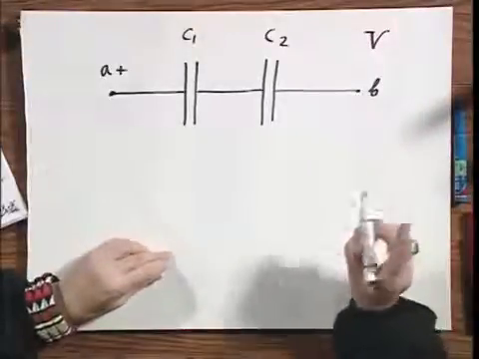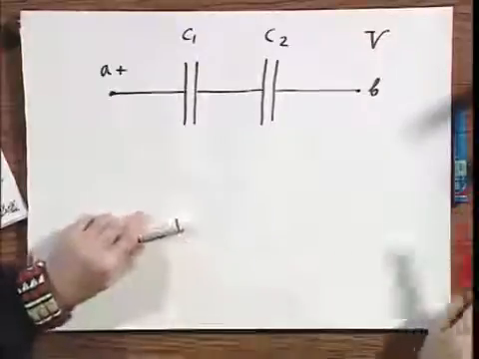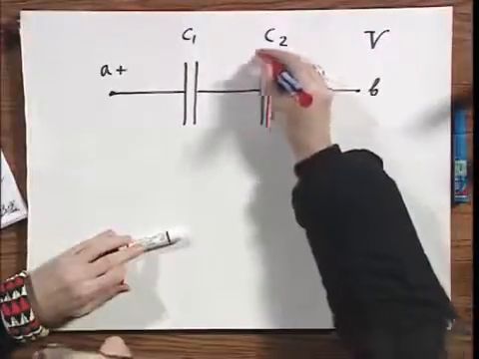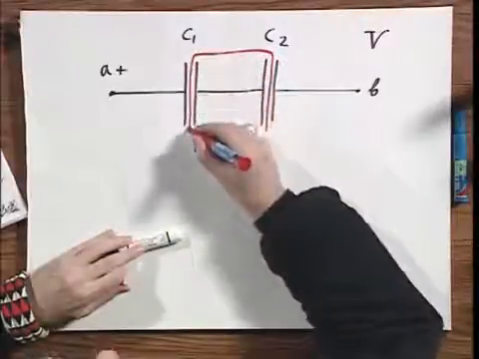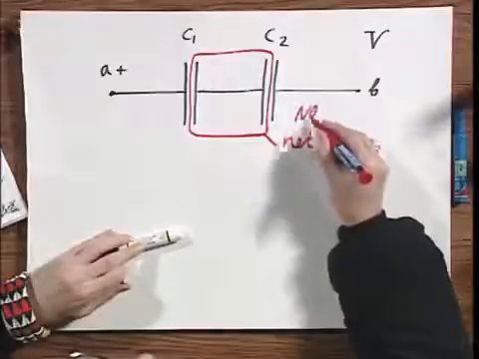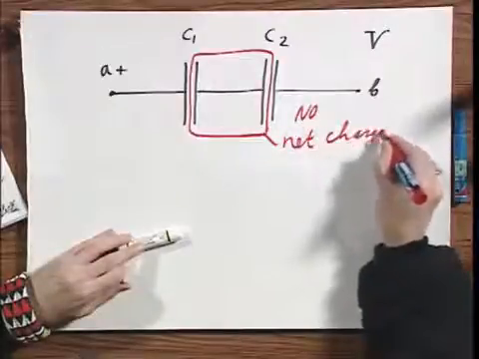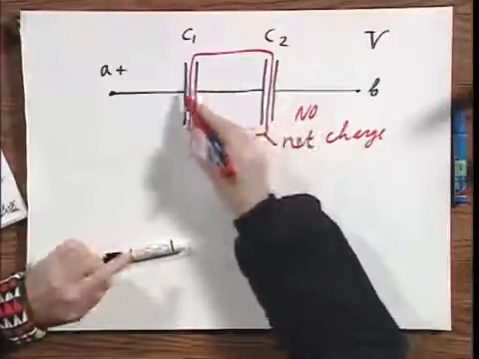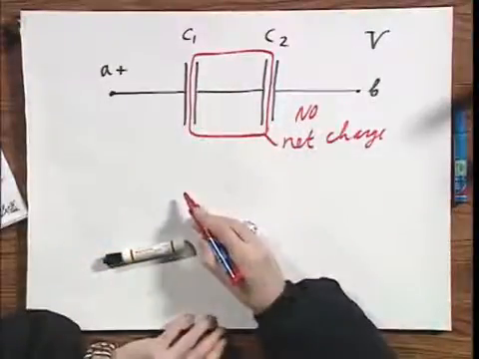Now, there's something very important I want you to appreciate. This part here has no net charge, because as you connect this to a battery, no electrons are supposed to jump through this vacuum.